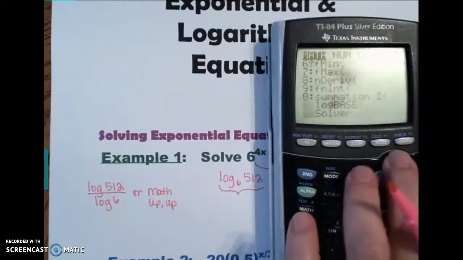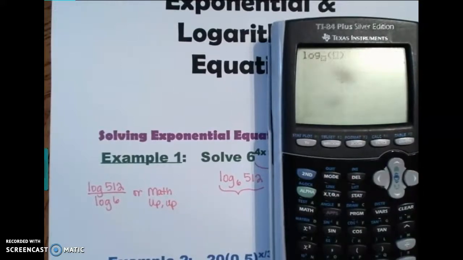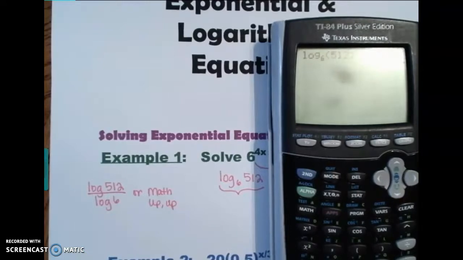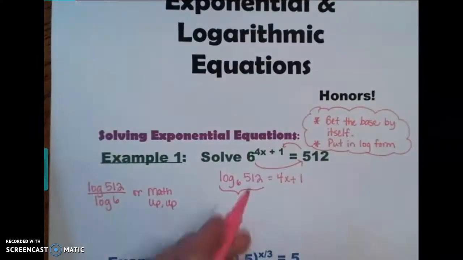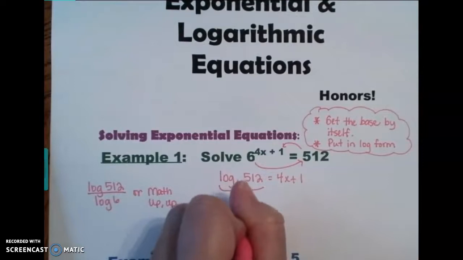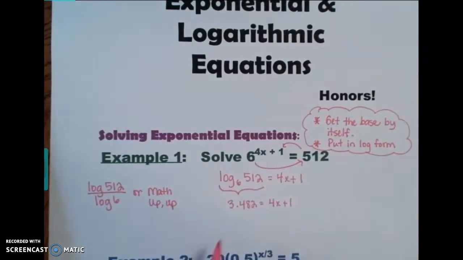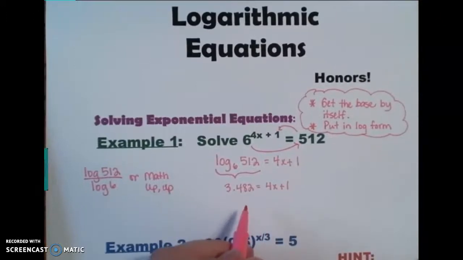So math arrow up twice to get log base, and our base is 6 of 512. I want you to keep 3 decimal places, so that will be 3.482 equals 4x plus 1, and then you just have a very easy equation to solve.